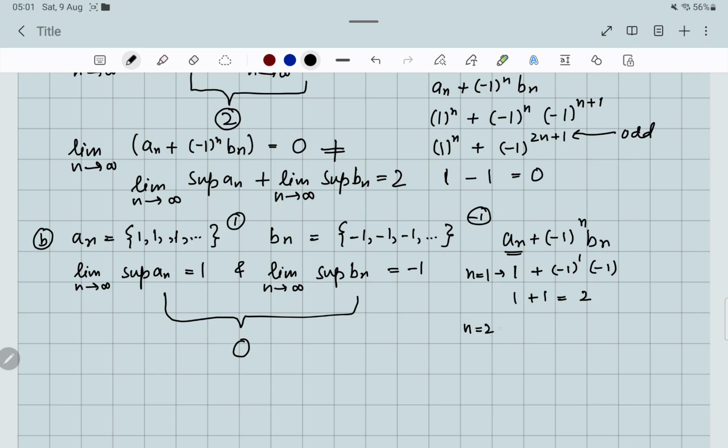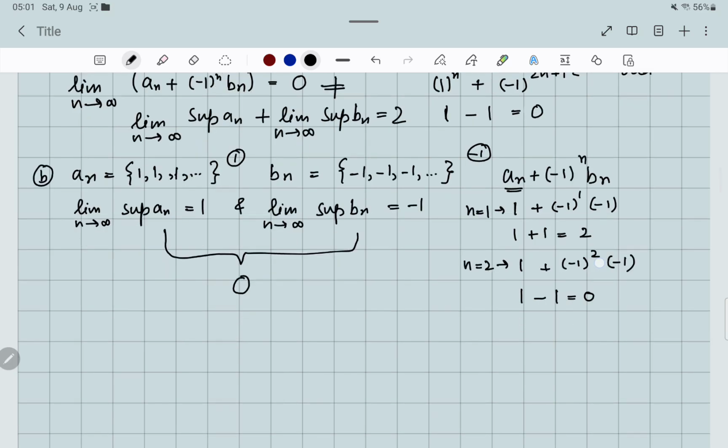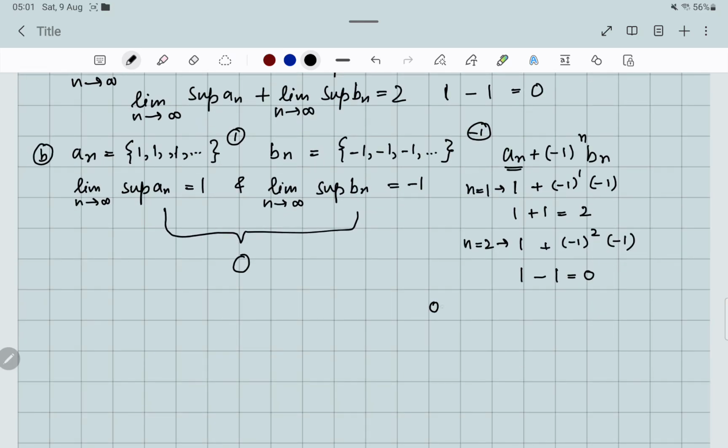And when n is equal to 2, I will be getting 1 plus (-1)^2 times -1. So it will be 1 minus 1, which is equal to 0. So you see, whenever I have odd n, I will be getting 2, and when I have even n, I will be getting 0. So this sequence will go 2, 0, 2, 0, and so on.